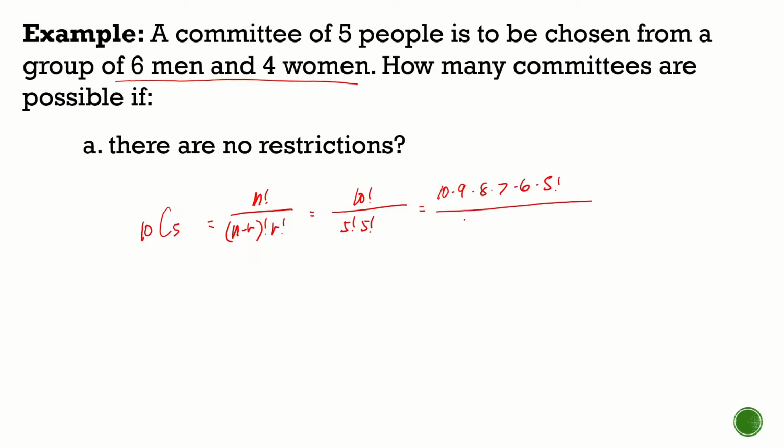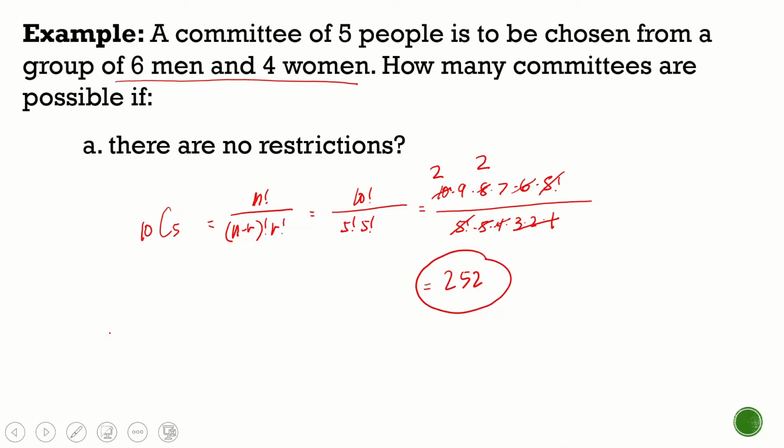I'm going to stop there and cancel that. And then that will be 5 times 4 times 3 times 2 times 1. 3 times 2 times 1 is 6. 8 divided by 4 is 2. 10 divided by 5 is 2. Multiply 2, 9, 2, and 7. That gives us 252 possible combinations.